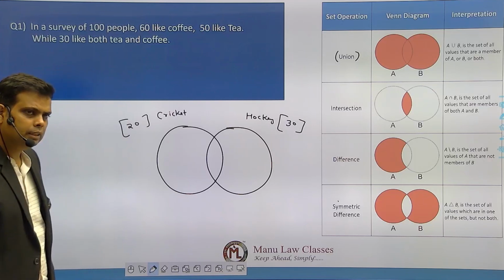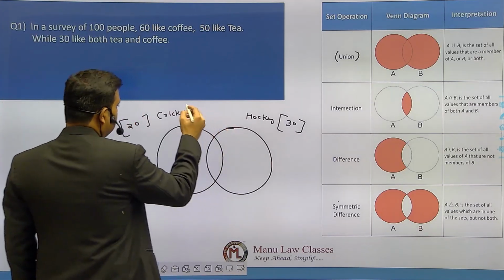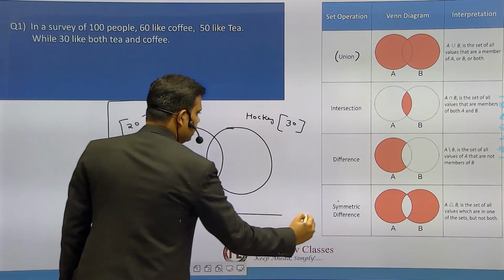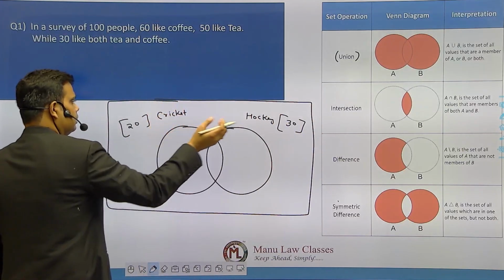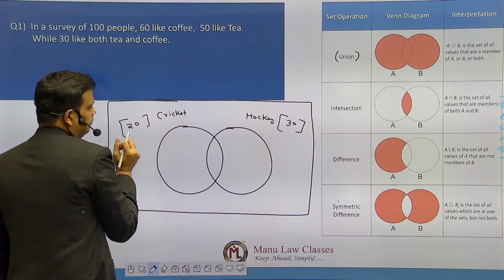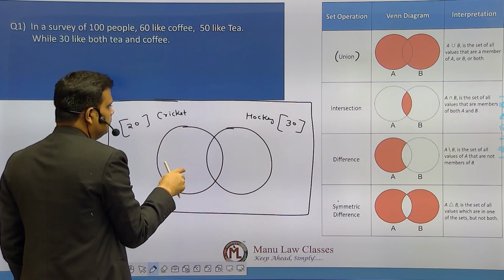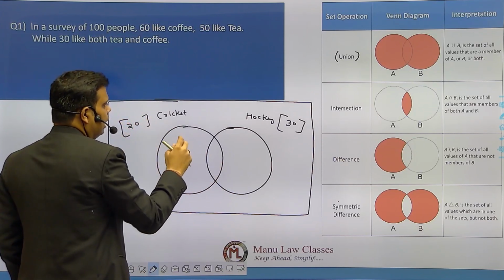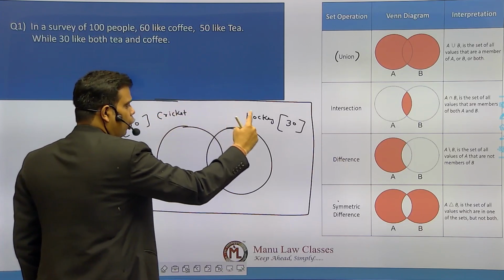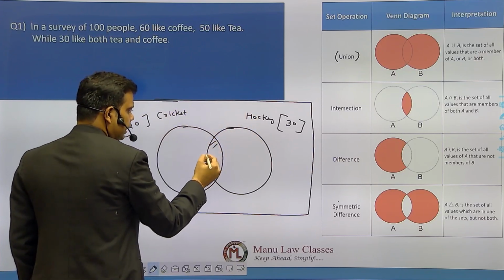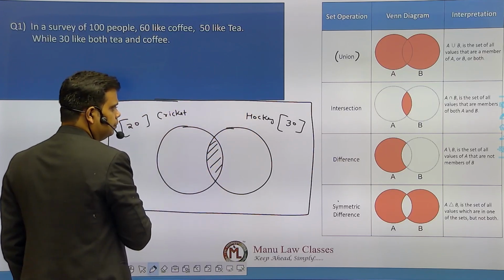So if you see this domain, right? The hockey players are 30 and the cricket players are 20. If I talk about union, union means the number of players playing cricket, hockey and both. Correct? What does union mean?